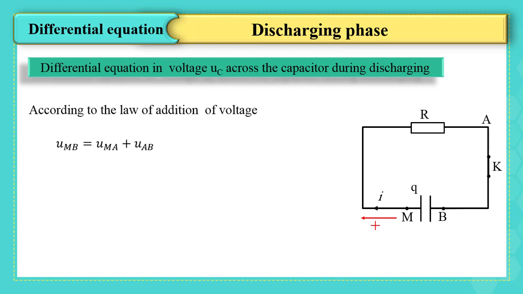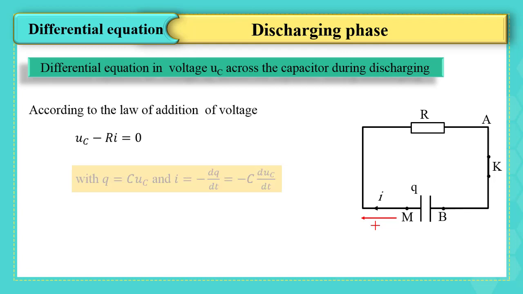UMB is the voltage across the capacitor, UMA the voltage across the resistor, and UAB the voltage across the switch, which is equal to 0 since it represents a connecting wire. So UMB equals UMA, that means the voltage across the capacitor UC is equal to RI. Then UC minus RI is equal to 0.